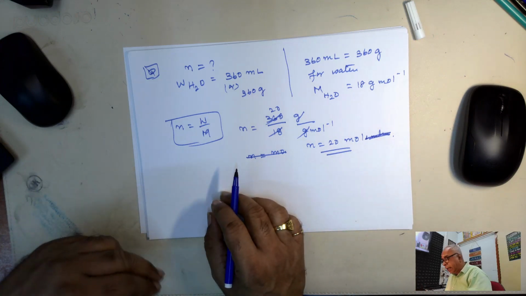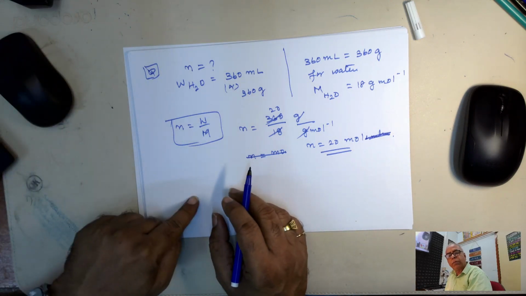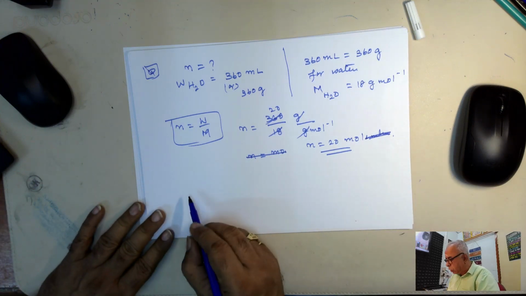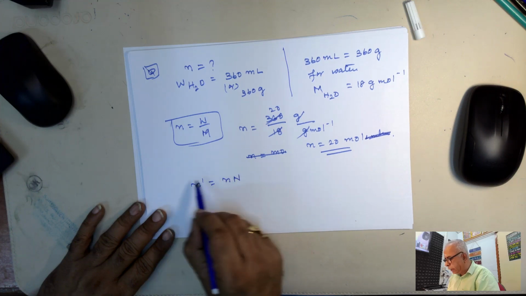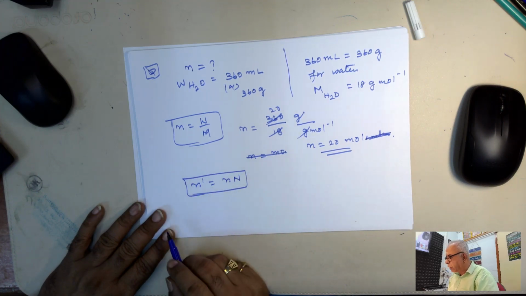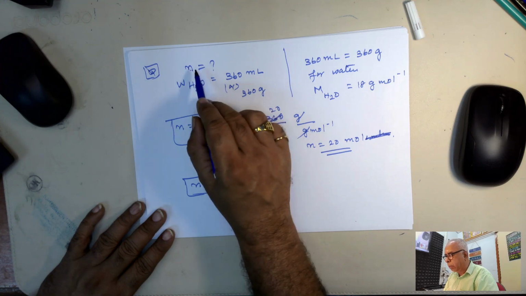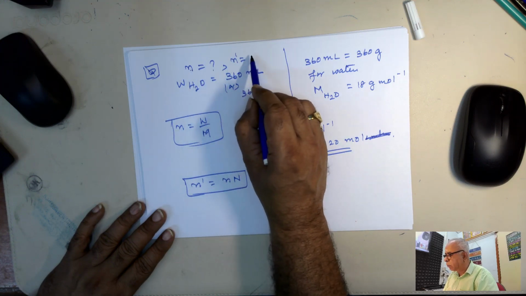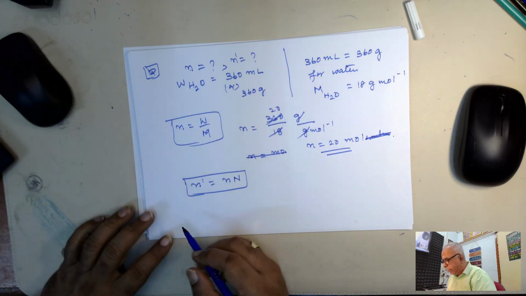Now, let us calculate the number of molecules. Mole is different from molecule. So which formula should be used? To determine the number of molecules, you have to use n into capital N, Avogadro's number. In the first attempt, we calculated the number of moles, and here it is also asked number of molecules, N dash. So how to find N dash?